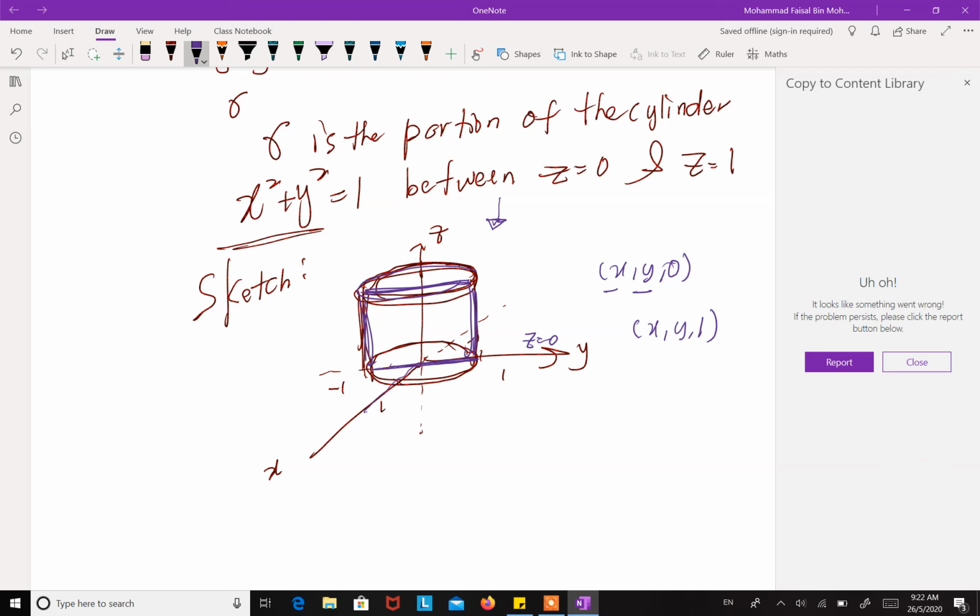Another one you can see sideways, with radius one here, so either from this side or this side. So z equals 1 is here.